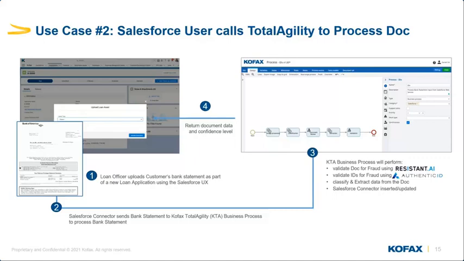And then for identity documents, we can also use Authentic ID to extract fraud results from those types of documents. Again, KTA will classify and extract the documents, and then the Salesforce connector in KTA will update or insert to that task that is required.